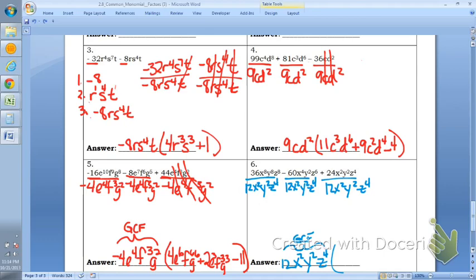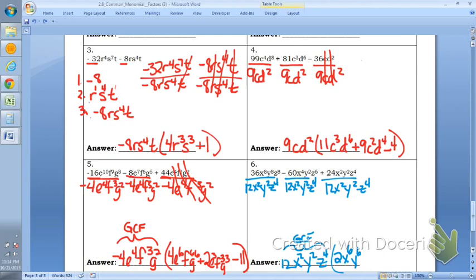Alright, let's divide. 36 over 12 goes in 2 times. X to the 8th over x to the 2nd is x to the 6th, right? Y to the 8th over y to the 2nd equals y to the 6th again.